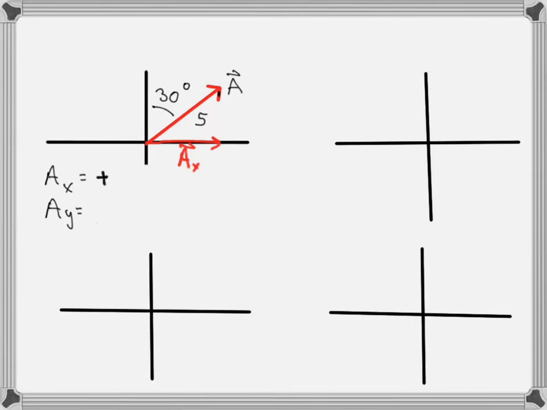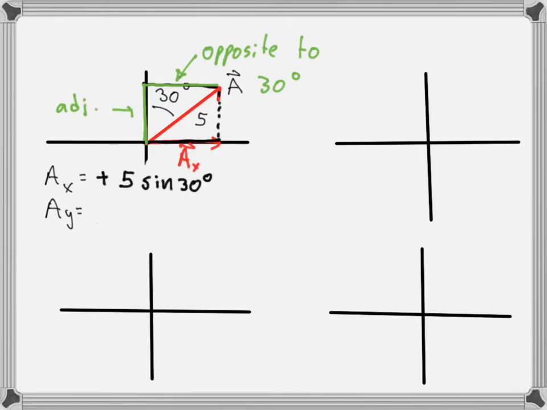So we know that AX is going to be a positive number. The length of that component is the same as the length of this line that I drew up here. How long is that line is the question. Well, this is the adjacent side of the angle 30 degrees, and the length that we're looking for is the opposite side of 30 degrees.